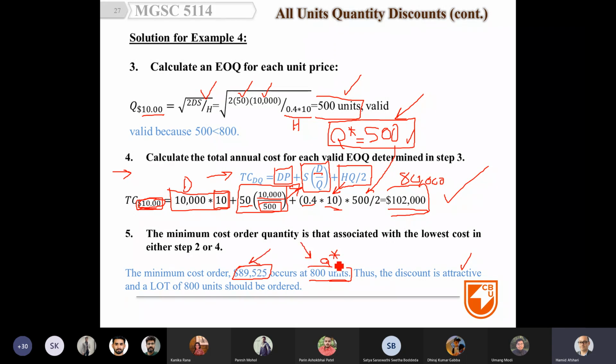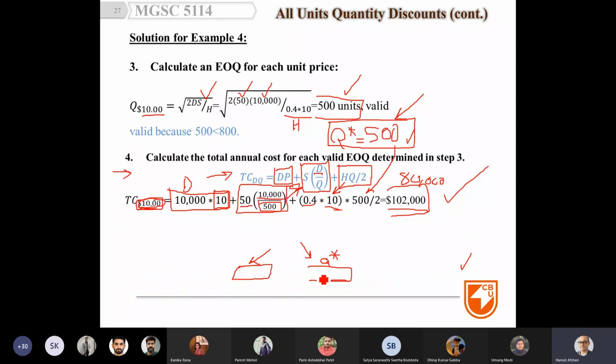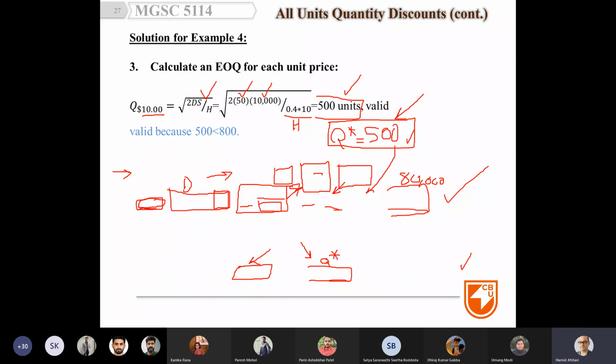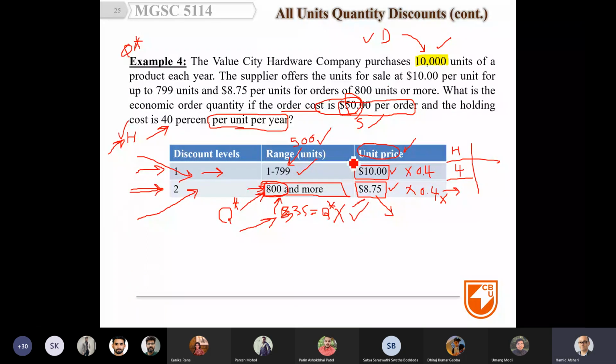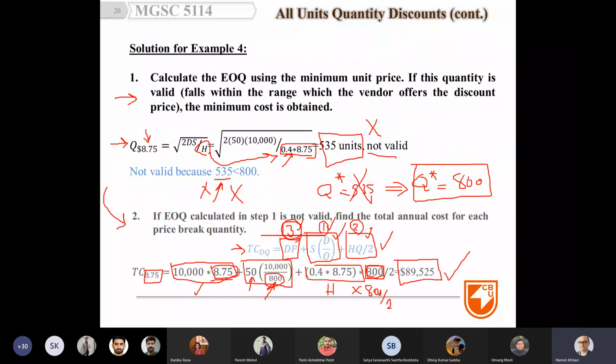In a majority of the items, I will ask you which discount they are going to take, the first discount level or the second discount level. And if they take it, how much is the economic order quantity? So either of these two questions will be asked: Q star or what will be the unit price.